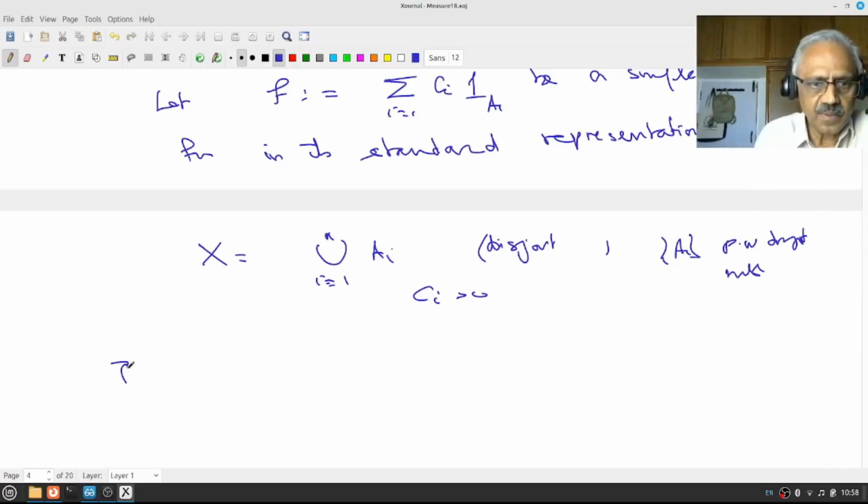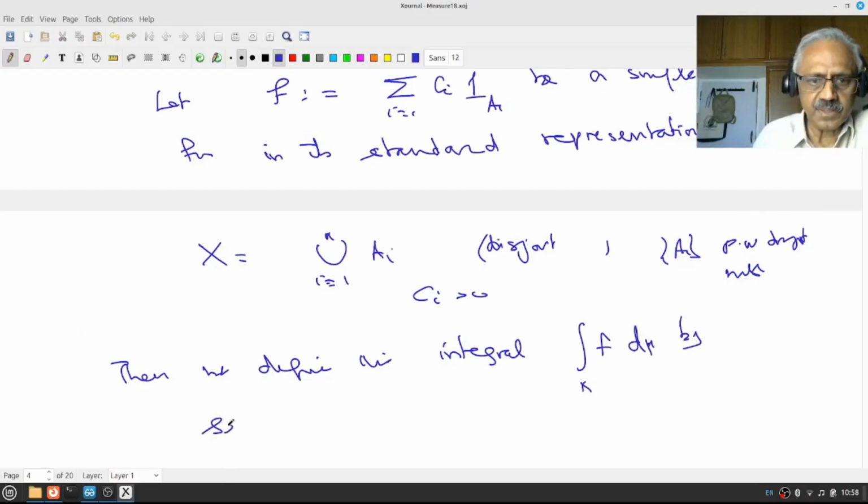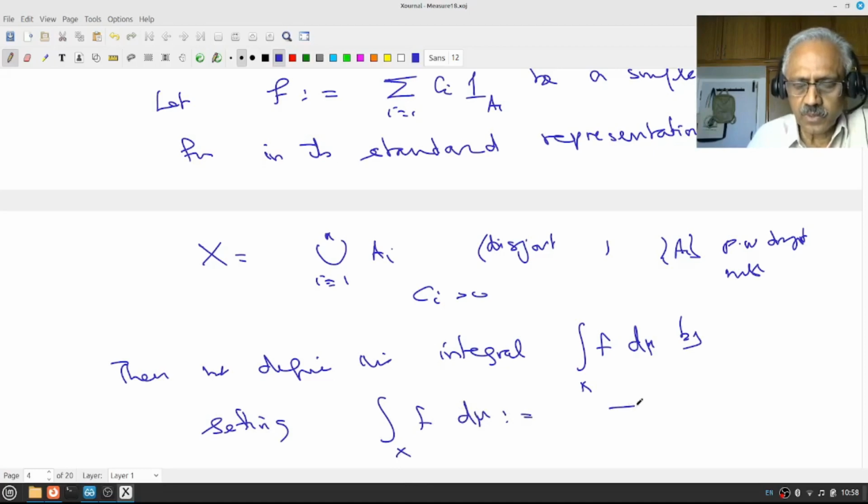Then we define the integral. The notation is integral of f(x) d mu, by setting integral of f(x) d mu equal to summation Ci times mu of Ai, i equal to 1 to n.